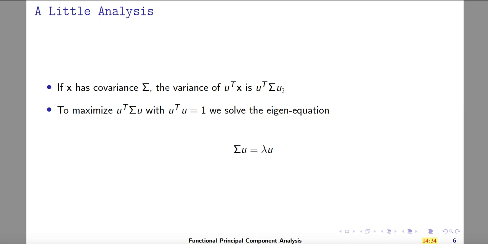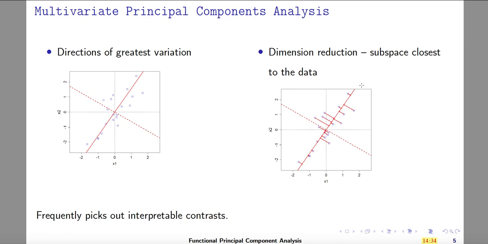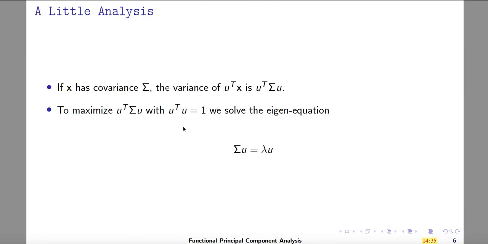Okay, so now what we are trying to do is find the direction where the projected PC scores have the maximum variation. Therefore, we want to maximize this variance of the projection scores, u transpose times sigma times u.